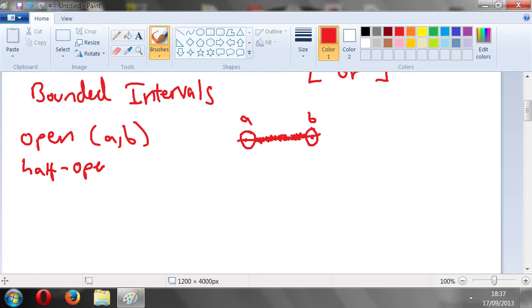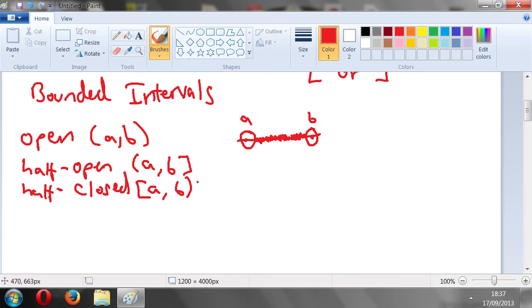Okay, so we can do half open or half closed, and we can do that in two different ways. For half open, we'll make this side open and this side closed. And then for half closed, we'll make it just the opposite. So with the A, we're going to have an open point there.